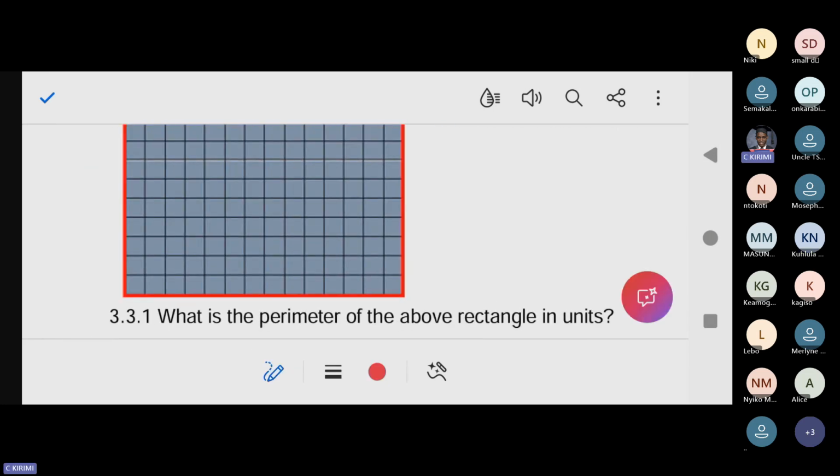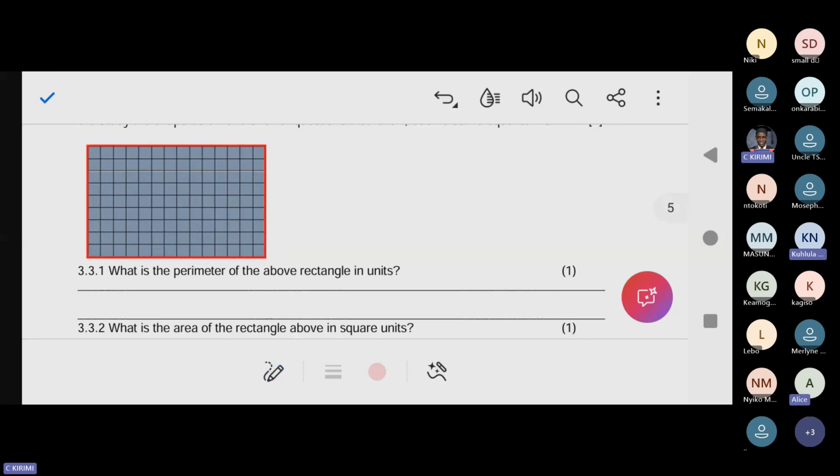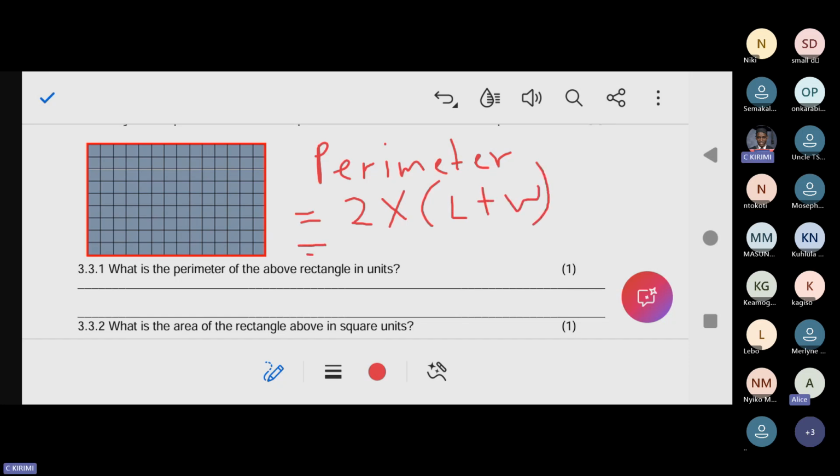First of all, you must know the formula for perimeter. If you are given a rectangle, the formula for the perimeter of a rectangle tells us that it's 2 times the length plus the width, or the breadth. So first I need to know what is my length.